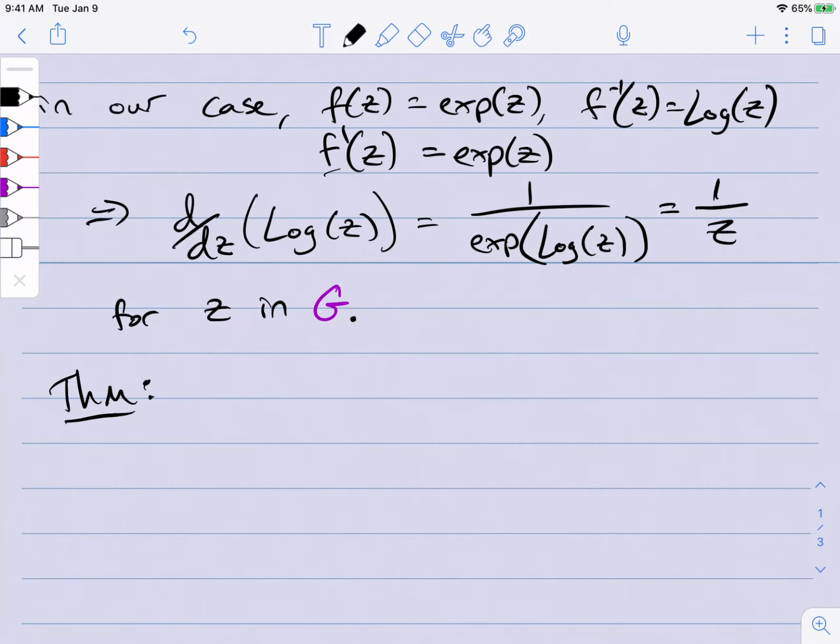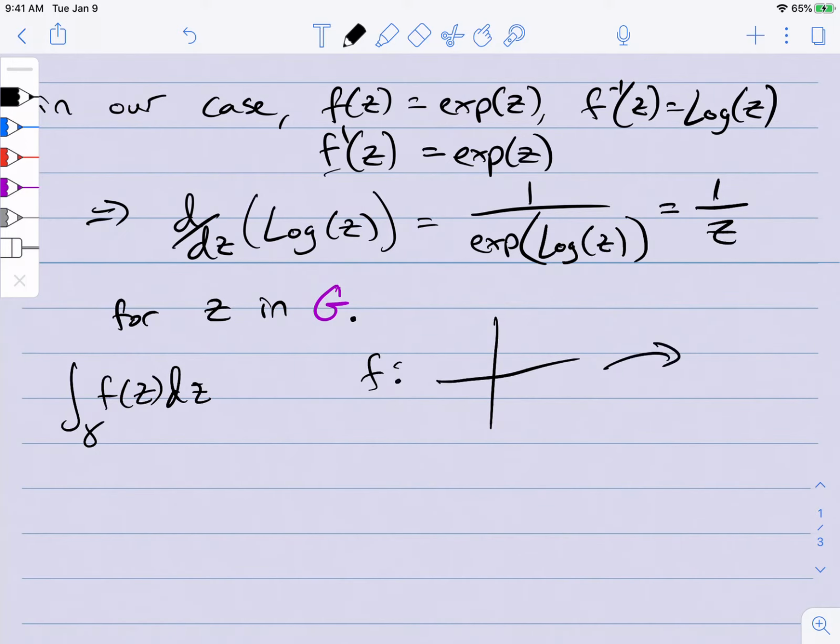Well, before I mention that, just remember the fundamental theorem concerns integrals over some path gamma. Right? That's how we do complex integration. f is some function from the complex plane to the complex plane. We choose a path gamma with a direction, and we can integrate f over that path.